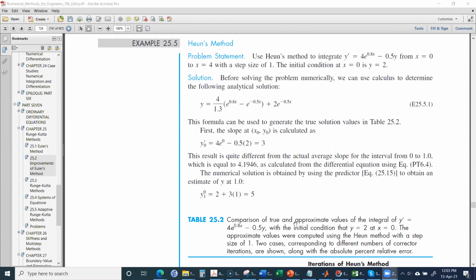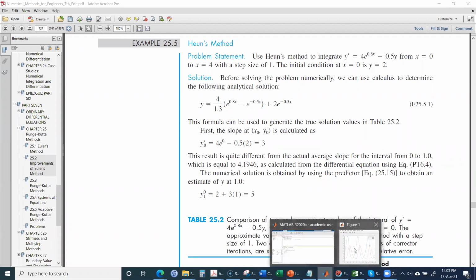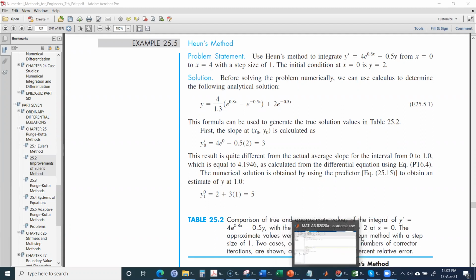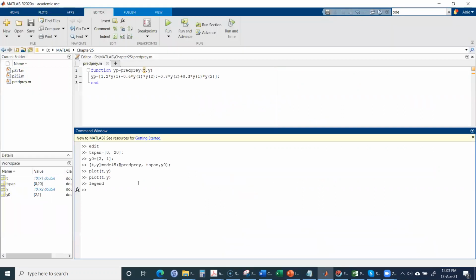So I will only talk about the MATLAB function for the solution of ordinary differential equations.